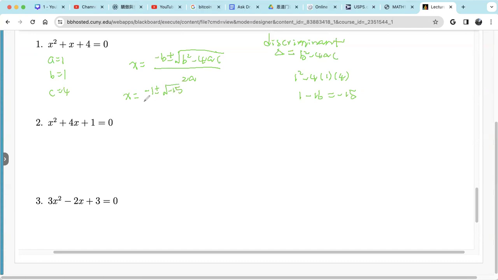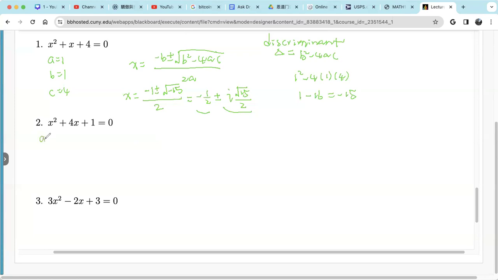Once we get to this point, we know we have two complex solutions. 2 times a is 2 times 1, 2. So we have negative 1/2 plus or minus i square root of 15 divided by 2. Square root of negative 1 is i. So I have two complex solutions. The real part is negative 1/2. The imaginary parts are conjugates of each other. One is positive i square root 15 divided by 2, one is negative i square root 15 divided by 2.